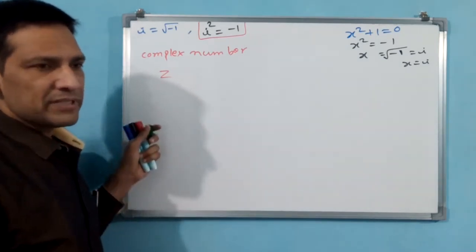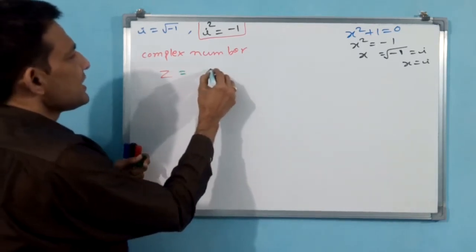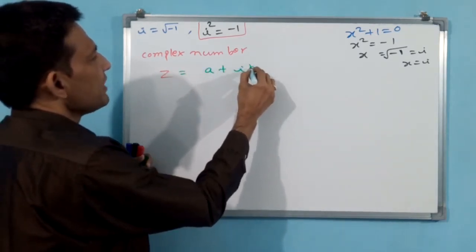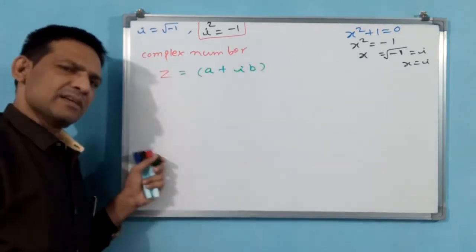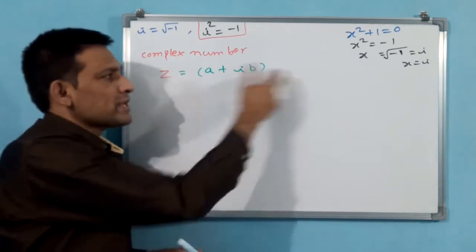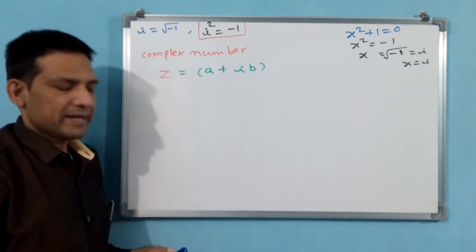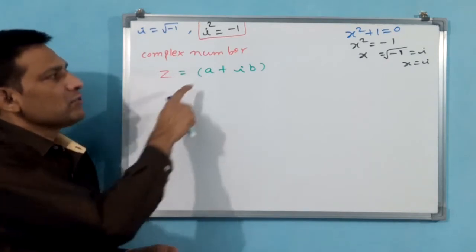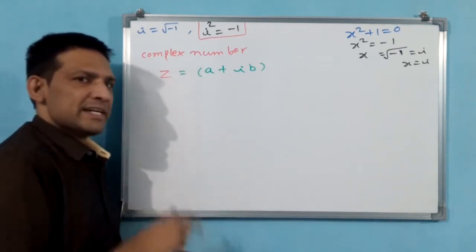Because this complex number z is only a representation, and always you will see it like this: a plus ib, with parentheses, or even if you don't put parentheses it is not wrong. But if more than one number is coming, please put parentheses, small brackets. Now see, a plus ib is a complex number. That is what we are going to represent as z.